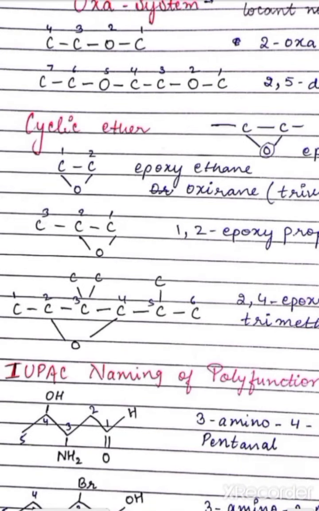And lastly, let's look at this. So if I number it from this side, then it gets third and fourth positions. While if I number it from here, then it will get 3 and 5 positions. So numbering from this end would be correct, this side.